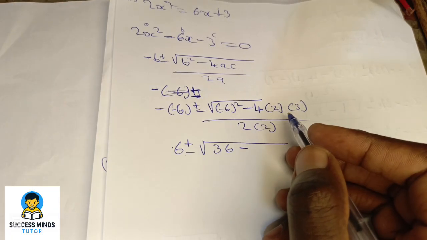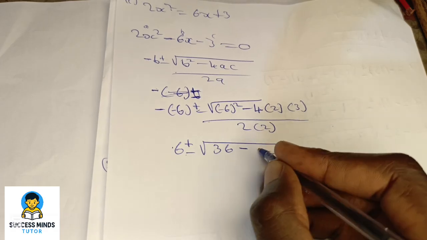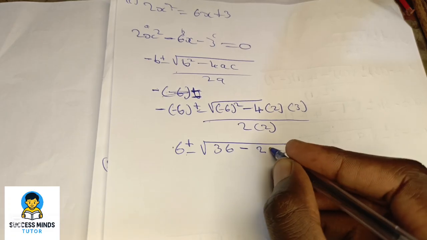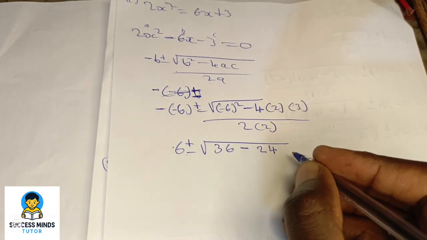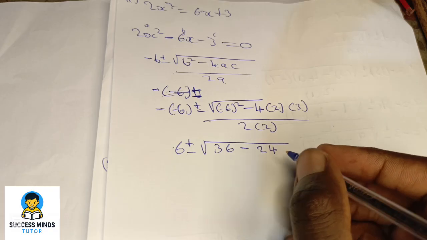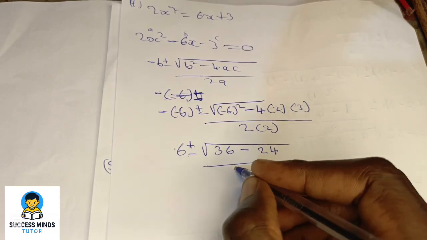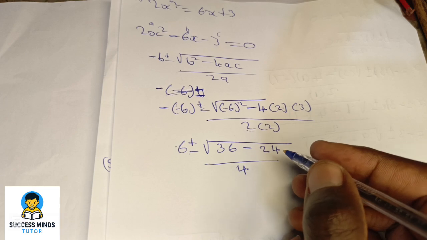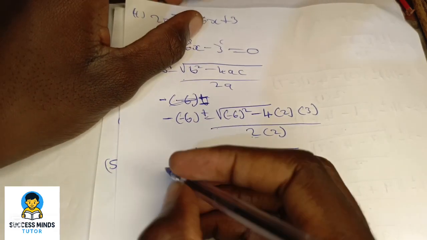Then 8 times 3 is 24. It is 24 over 4. When we multiply 2 times 2, it will give us 4.